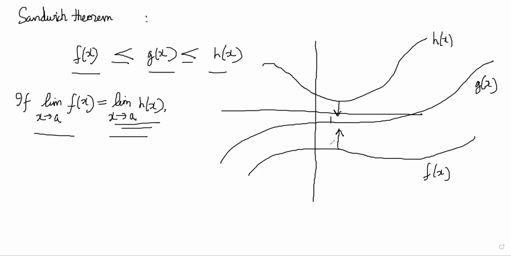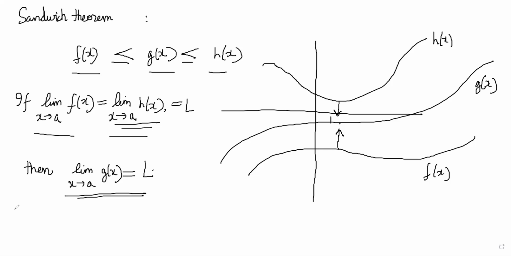So the middle function is squeezed, and the limit of x tends to a of g(x) is also going to be the same thing, because the top function and the bottom function are tending to the same value.